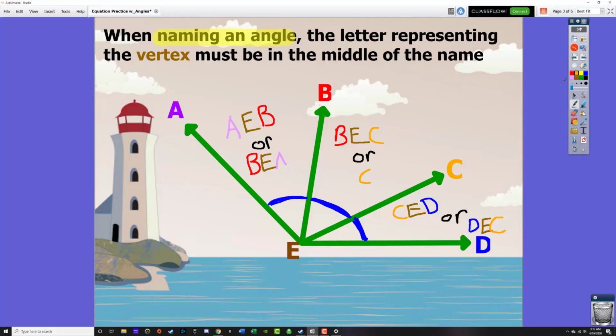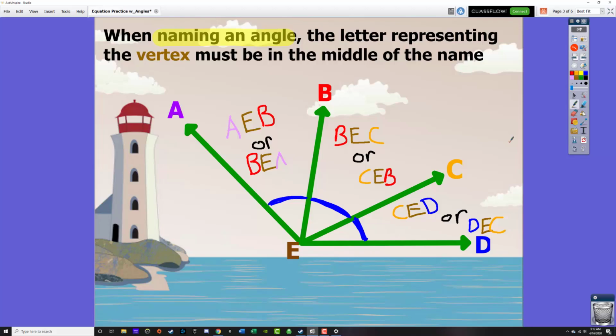So C, and then E, and then B. So we have labeled these angles right here, all three of them, but there are other angles here that we could name.